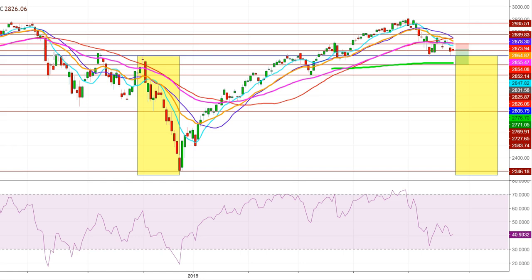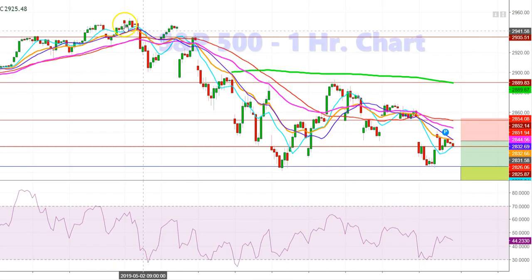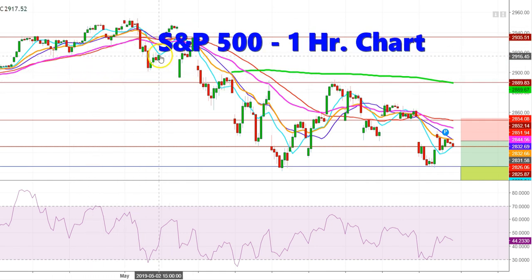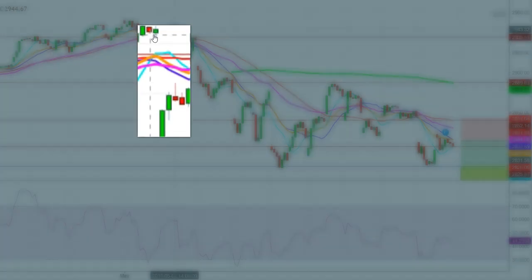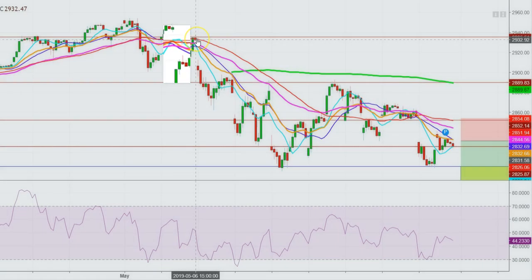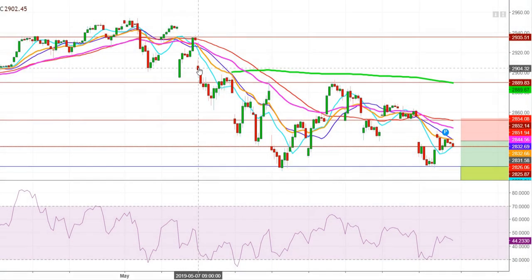In an hourly chart, here you can see how the S&P 500 has created a series of gap downs since May 3rd, 2019, when we witnessed the first gap down in S&P 500 here, and S&P 500 witnessed a second gap down here on May 7, 2019.